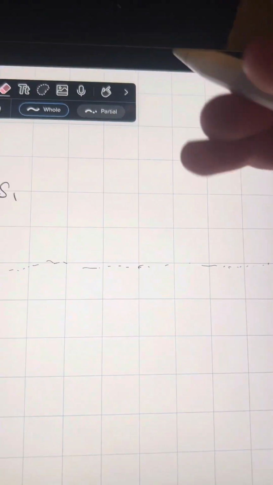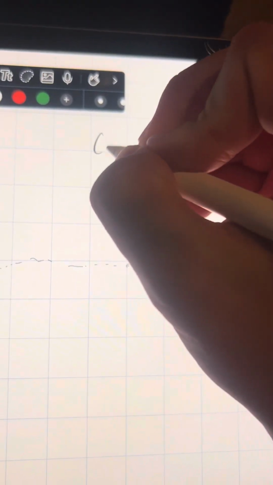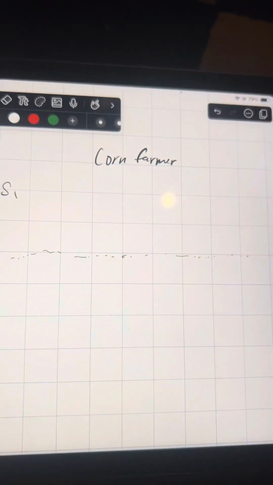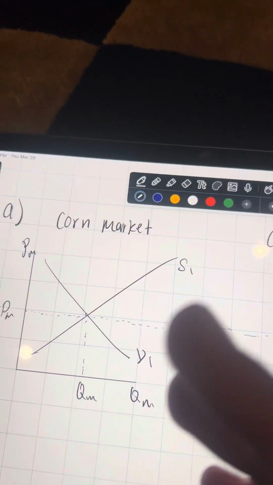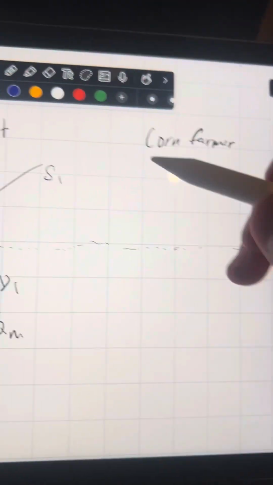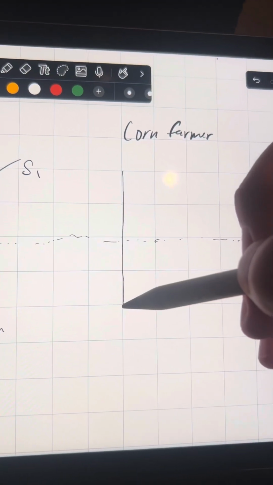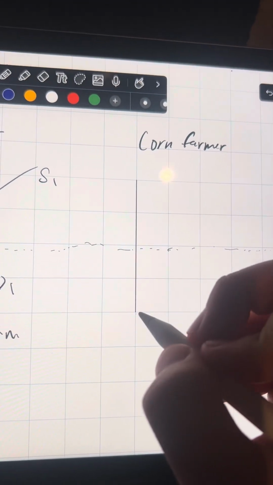Next, second part of part A of question 1, we're going to be drawing the graph for the corn farmer. So now we're going into an individual seller instead of an entire market. So same thing. Basically just gonna draw our axes here, make them nice and straight.